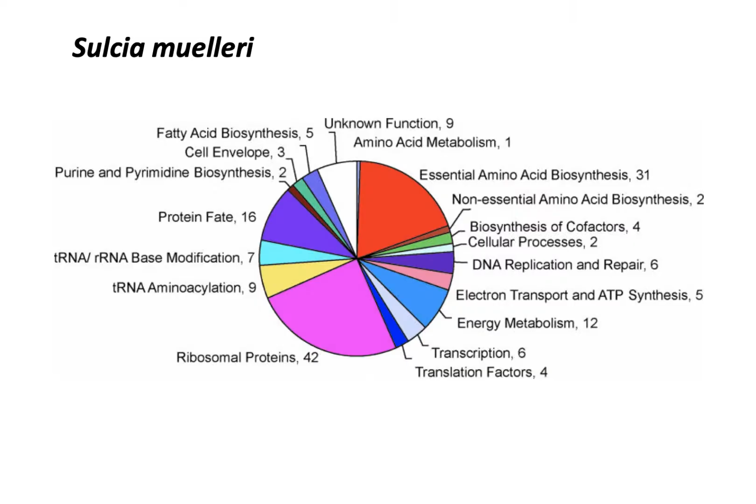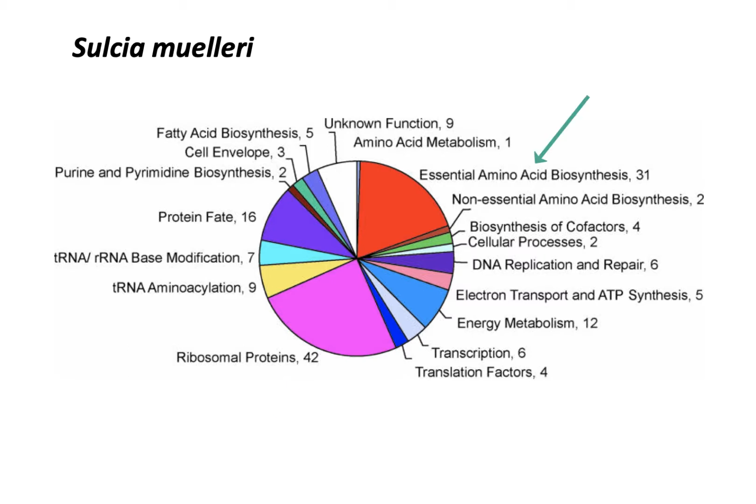So Solsia muelleri has one of the very smallest genomes of any bacterium, and it is an endosymbiont. You can see that the number of genes and gene categories is quite small. The largest category is ribosomal proteins, so it still needs to make some proteins. It needs to translate the RNA into proteins, so those are necessary.